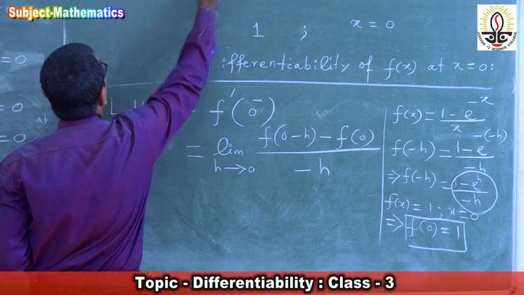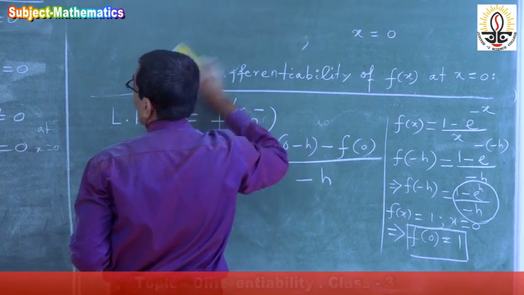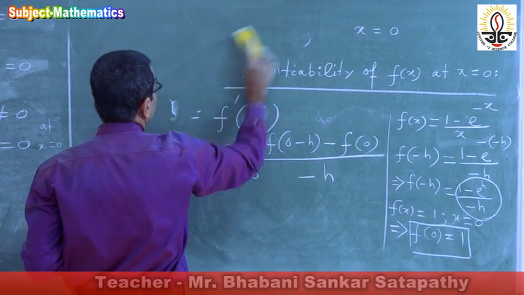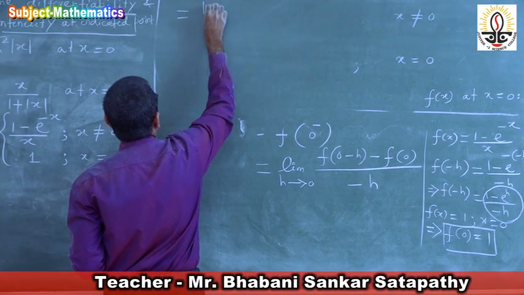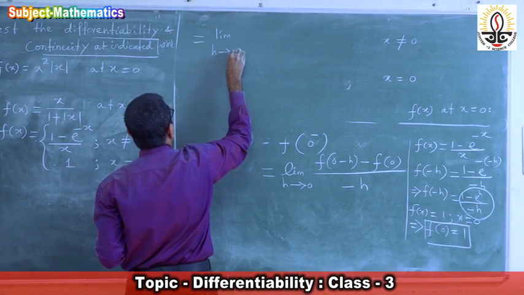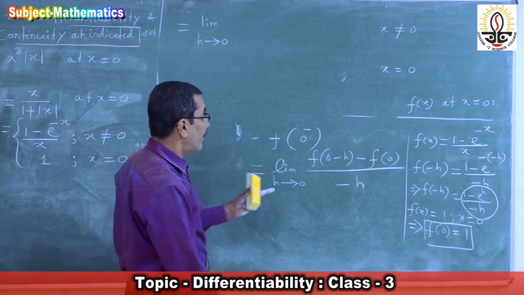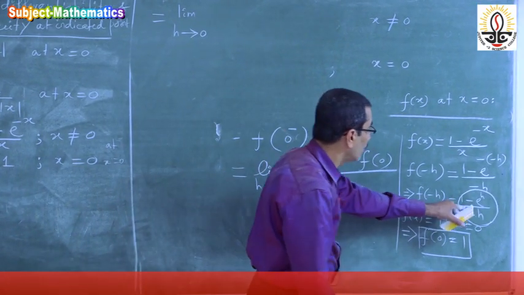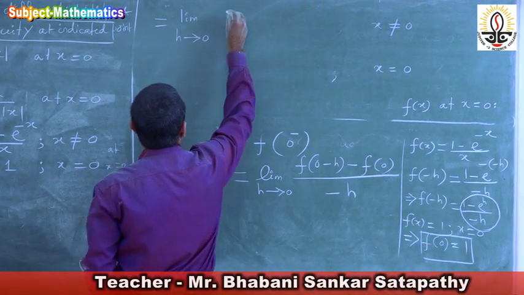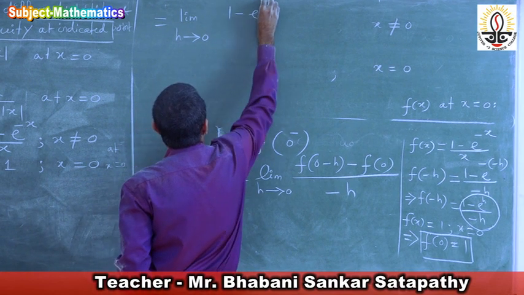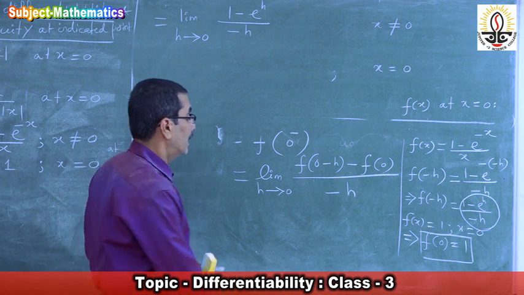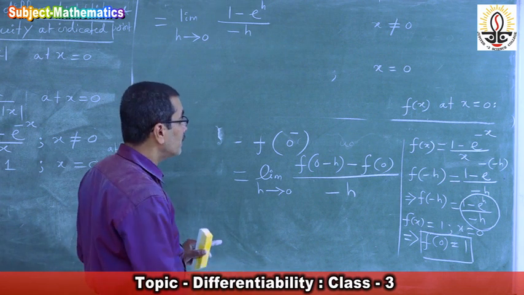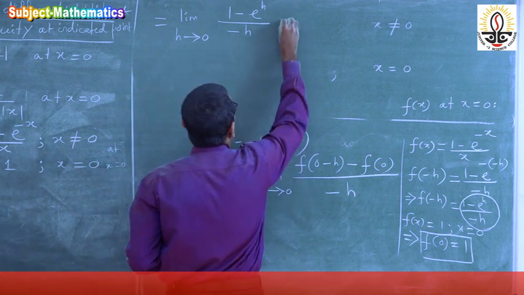So what will we get? We will get limit h approaches to 0, f of minus h is equal to 1 minus e to the power h divided by minus h, divided by minus h.